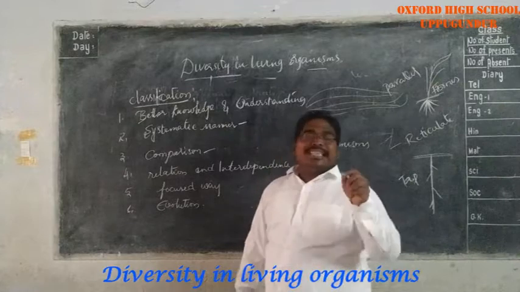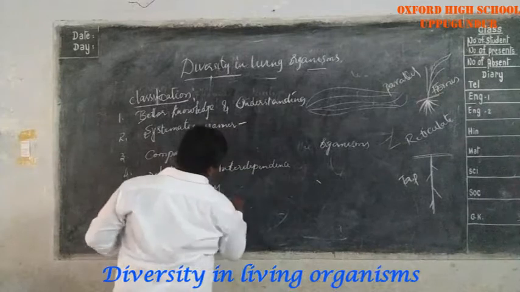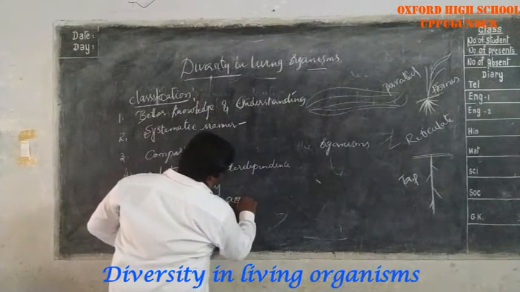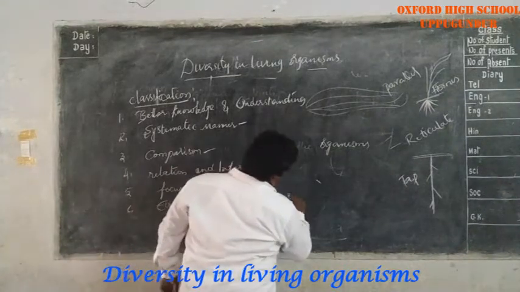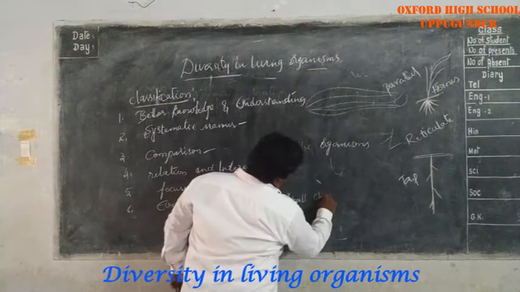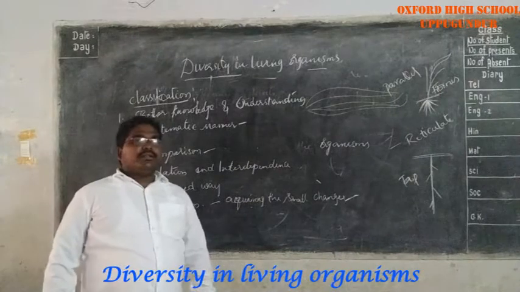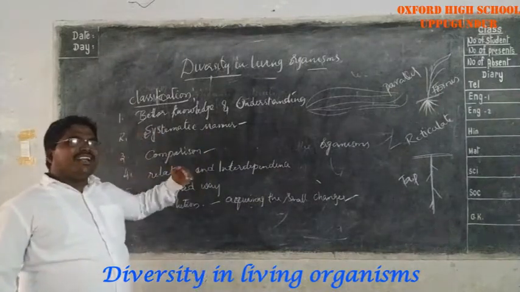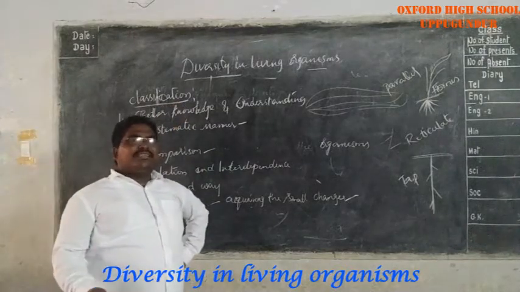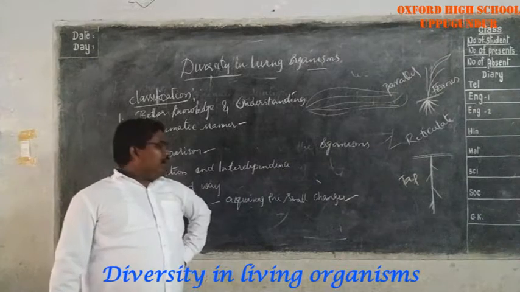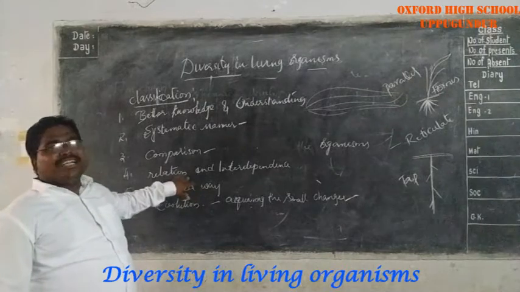What is evolution? Acquiring changes is known as evolution. Acquiring small changes is called evolution. So different scientists were involved in the classification of these organisms, Whittaker, Linnaeus, and others.